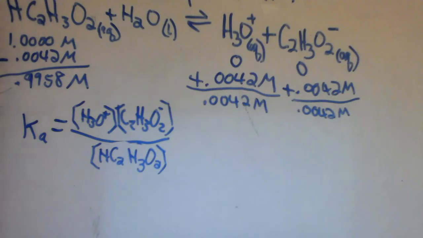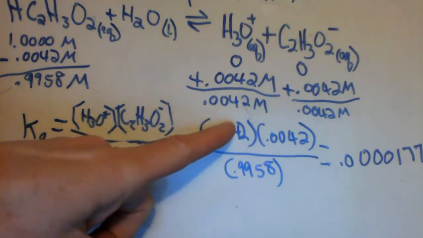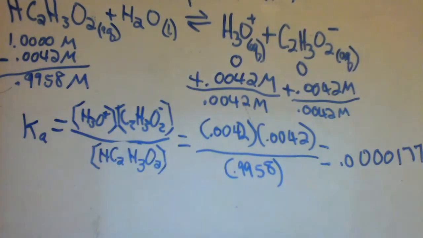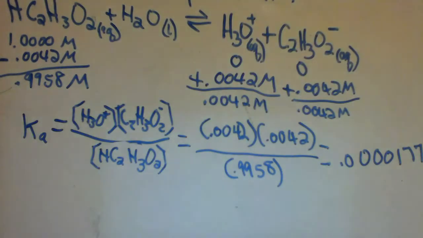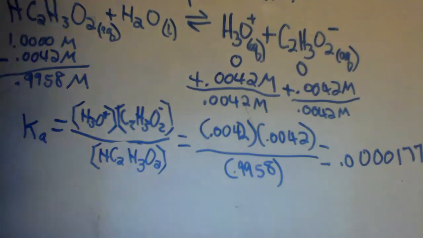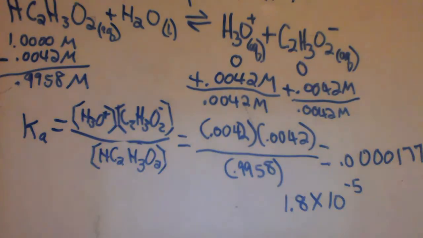Now we replace the concentrations with numbers. We do the math. It comes out to 0.0000177. Since there are only two significant digits in these, we're going to round that to 1.8 and change it to scientific notation. And we get 1.8 times 10 to the -5th for the acid dissociation constant.